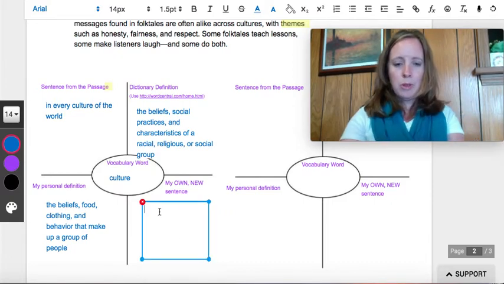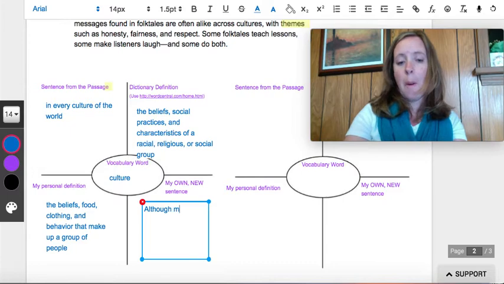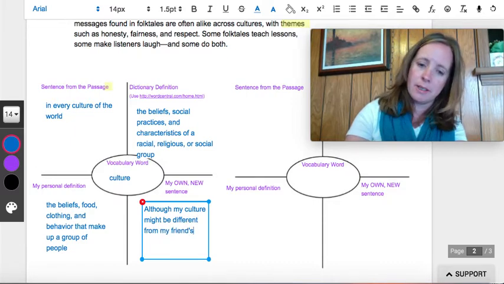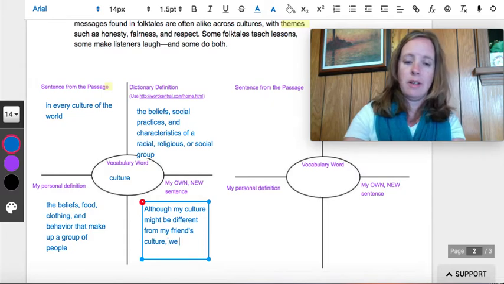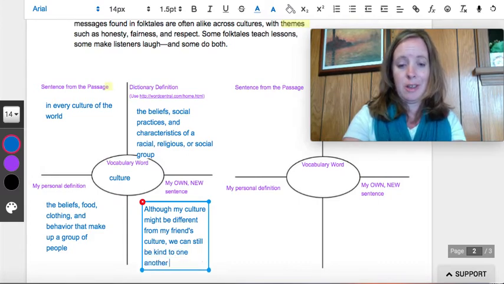My own new sentence using the word culture: Although my culture might be different from my friend's culture, we can still be kind to one another and celebrate our differences.